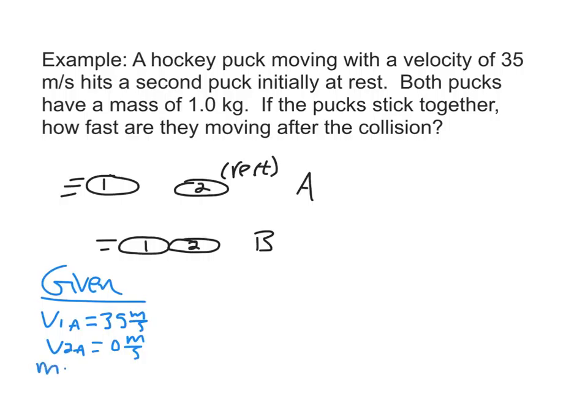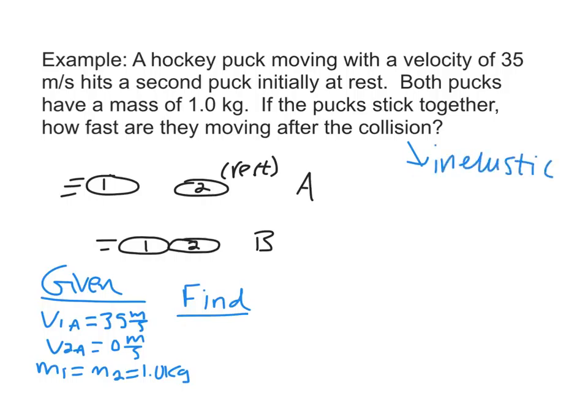Both pucks have equal mass, so M1 and M2 are both 1 kilogram. They stick together, so we know this is an inelastic collision, meaning they'll have the same speed after the collision, so we're looking for VB.